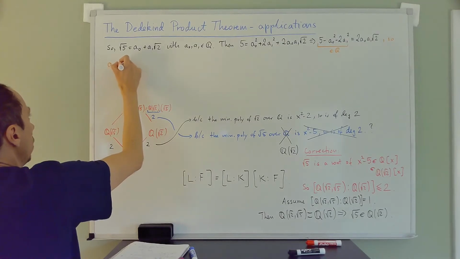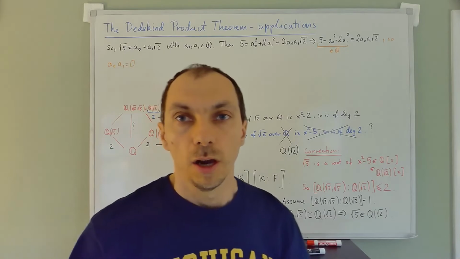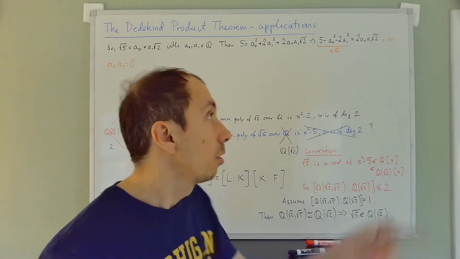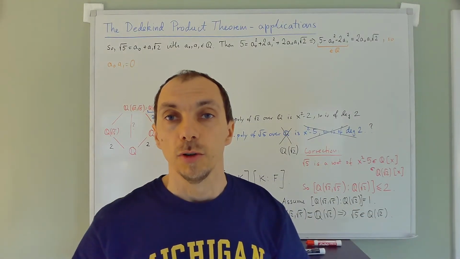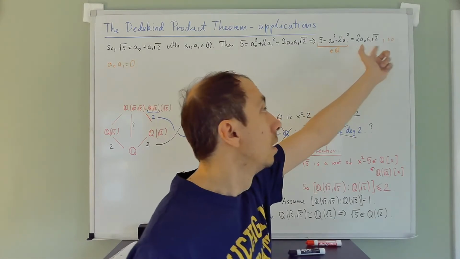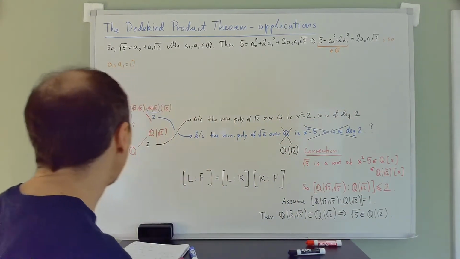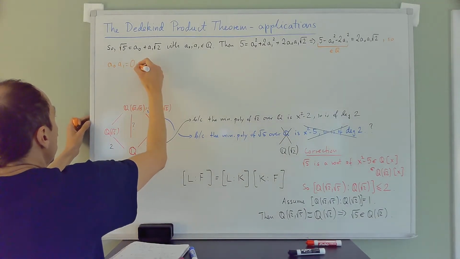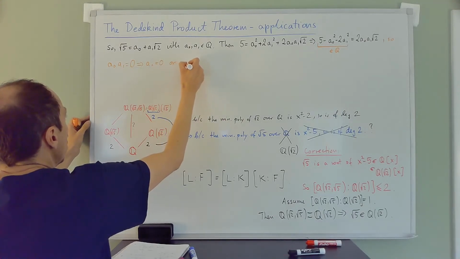Yeah, you see, if a0 and a1 are both not 0, then this is just a rational multiple of radical 2, so it's irrational. The only way this could be rational is if a0 or a1 is 0. So this implies that a0 is 0 or a1 is 0.